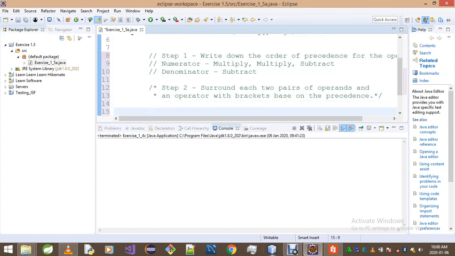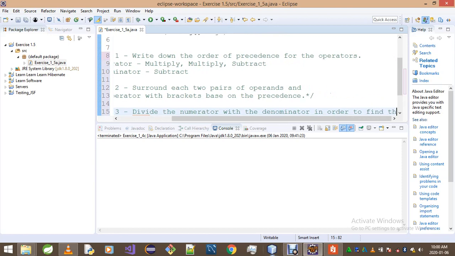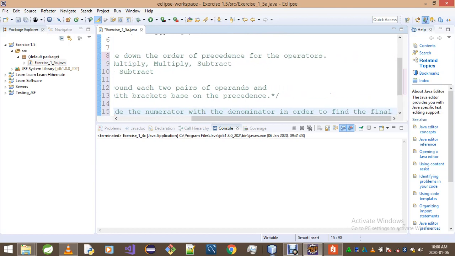Step number three. We have got to divide the numerator by the denominator in order to find the final answer.